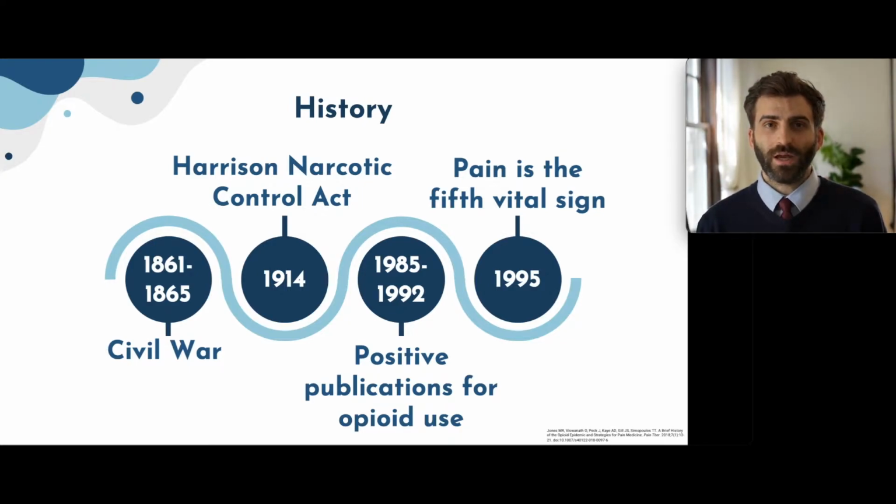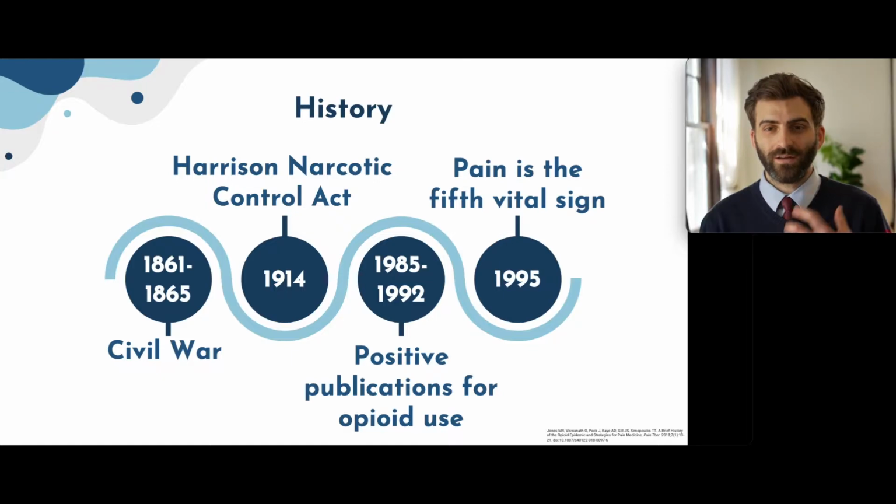Then for a long time, opioids were used. They had some benefits, they had some problems, but during the 80s to 90s, there were a few articles that came out that were positive towards opioids, saying that we were under-treating pain and more people need to be on opioids at higher doses. One of these articles was found to be a letter to the editor and not really backed up by much medical evidence, but it essentially said that out of 11,000 people, only 4 became addicted to opioids.